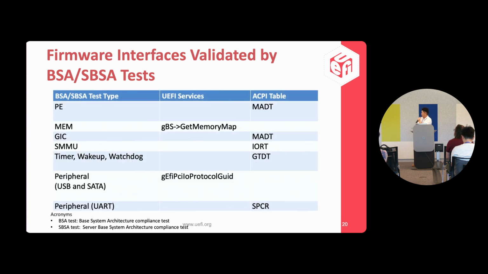For example, our SMBIOS test can also validate your IORT implementation, and our UART test can also validate your SPCR implementation. This is not like FWTS, which just checks the format and defined fields in the ACPI table. The value you report in the ACPI table will really be used to access your hardware, so that can really validate your firmware implementation.